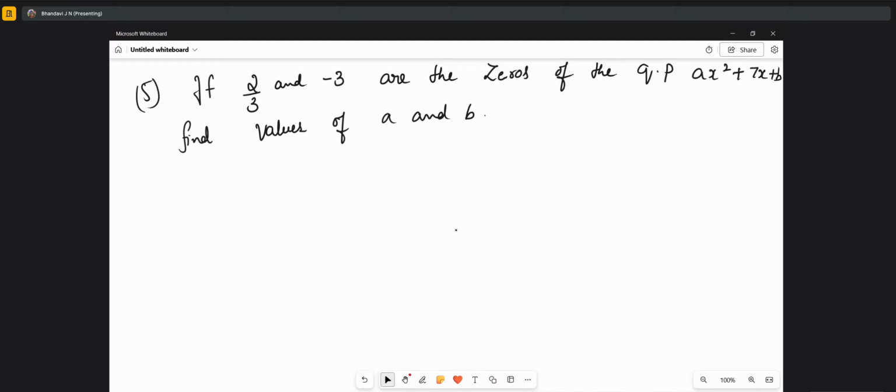So these are the zeros of this polynomial. Find a and b. Will you try this problem at home? Shall I give another problem? Okay, take it as homework and do it.